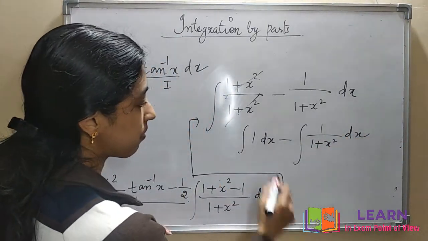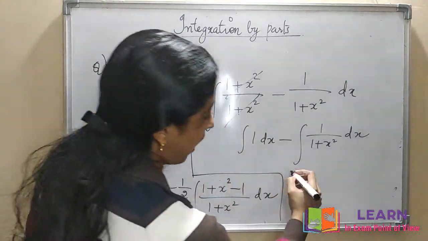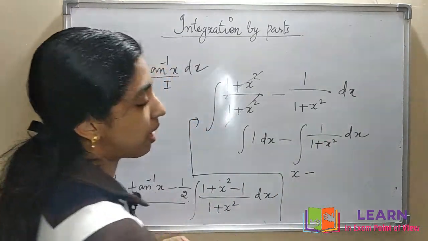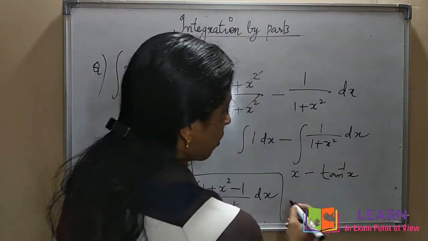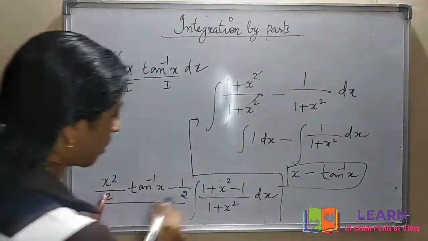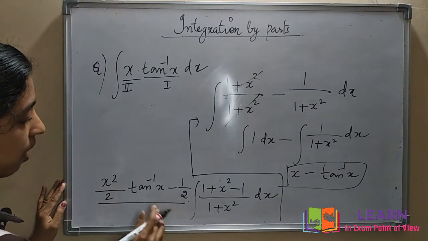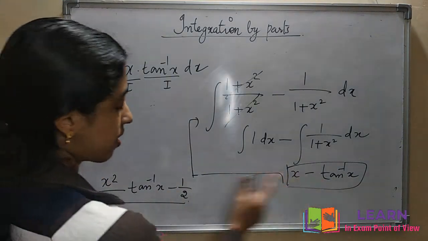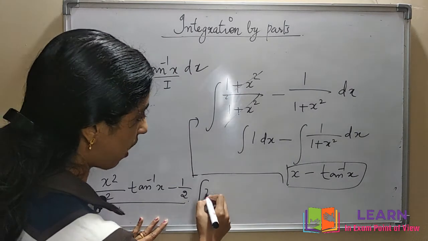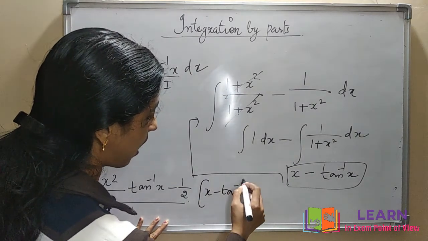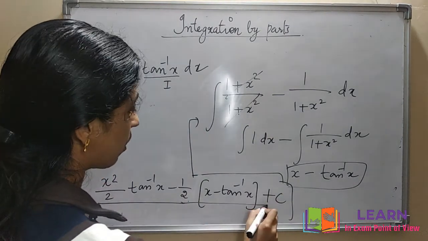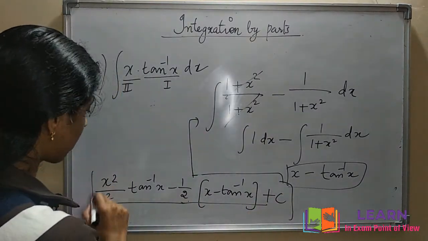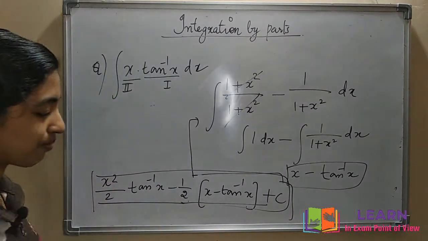The integral of 1 dx is x, minus the integral of 1 by 1 plus x square, which is tan inverse x. So join this part. The final answer is x square by 2 tan inverse x minus 1 by 2 times x minus tan inverse x, plus c. If you want, you can take the 2 outside and write it. So this is the final answer.